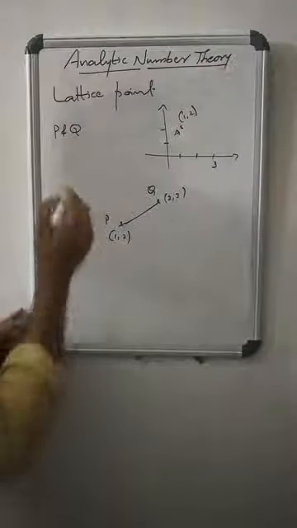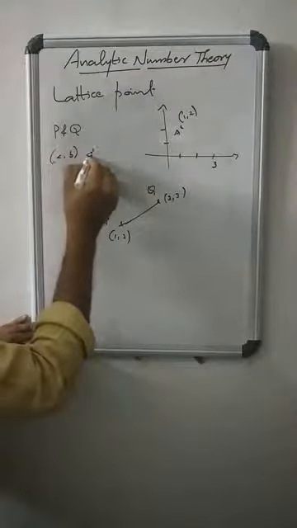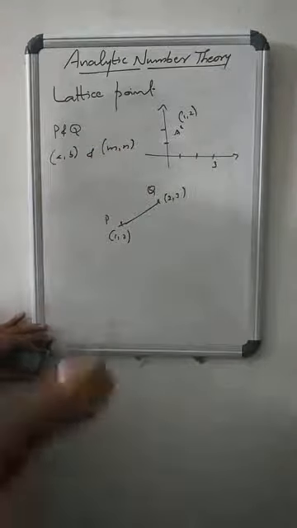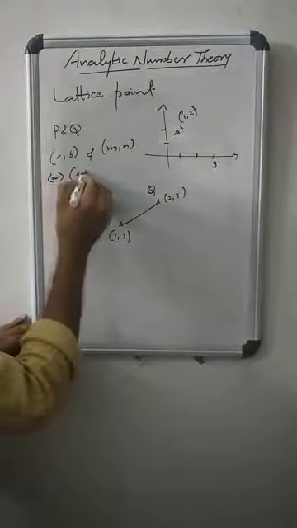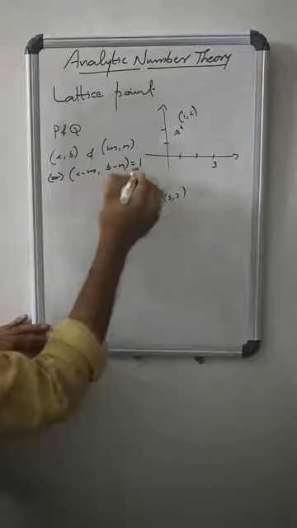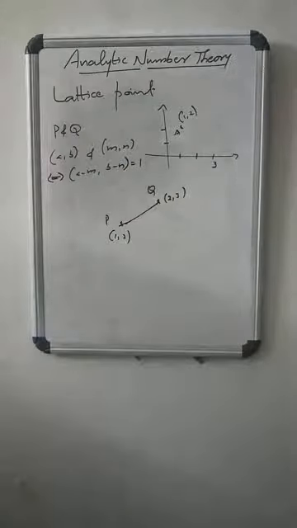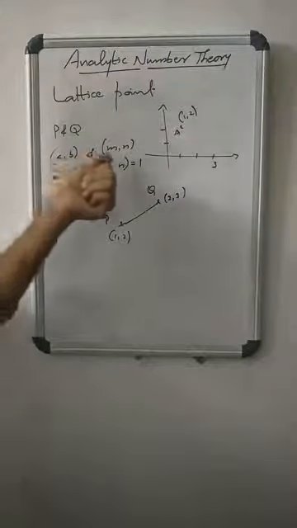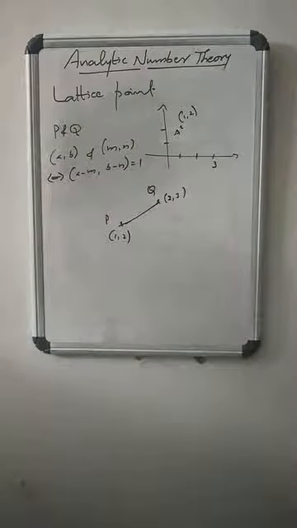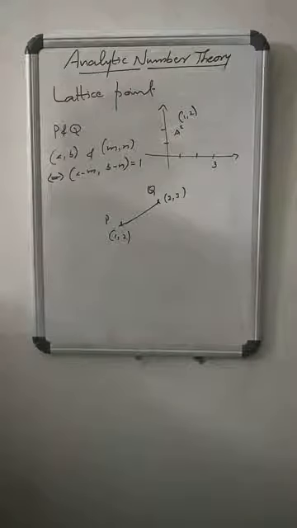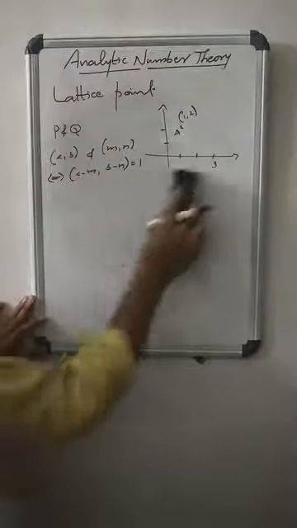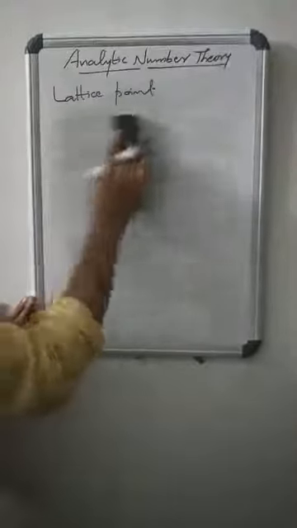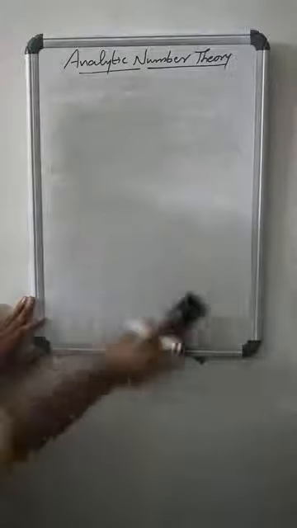Now, two points (A, B) and (M, N) are mutually visible if and only if A minus M and B minus N are relatively prime to each other. Agree? So this is the definition related to lattice points. A lattice point means a point with integer coordinates.